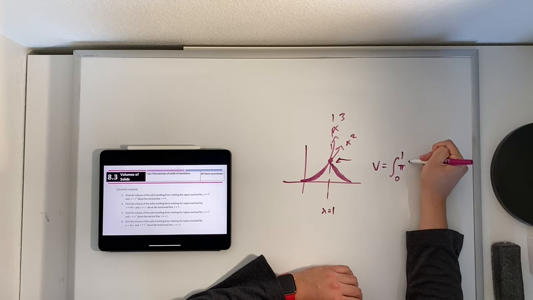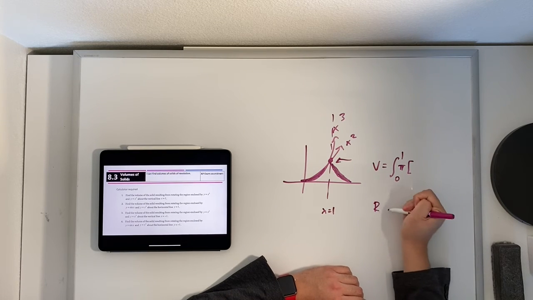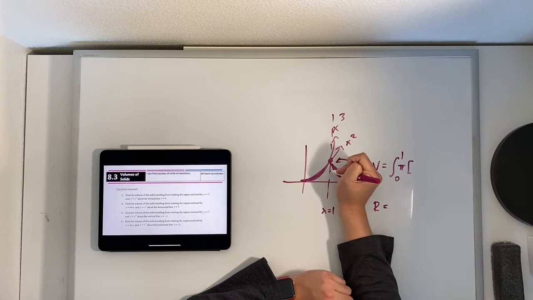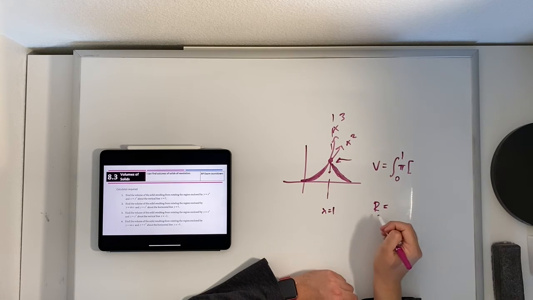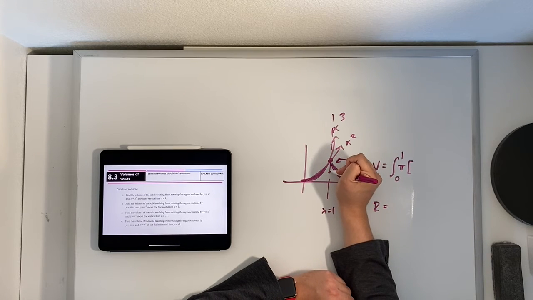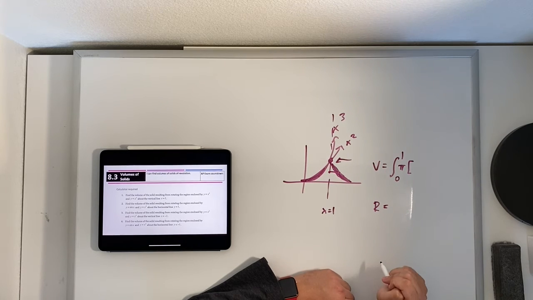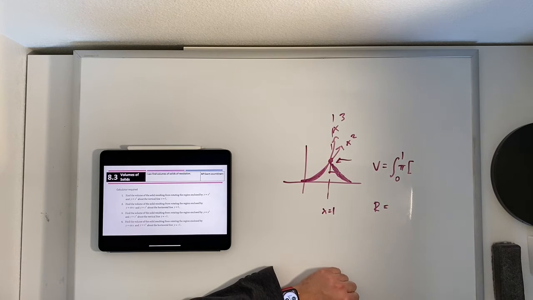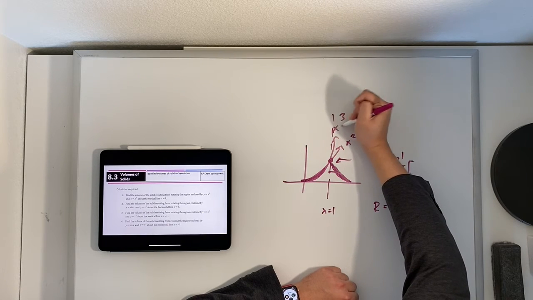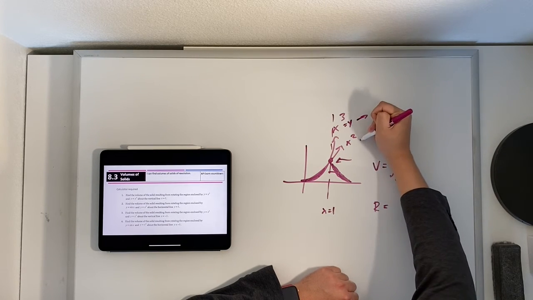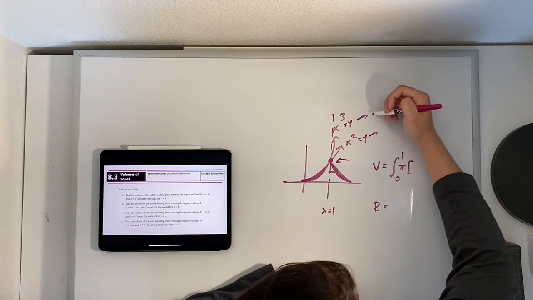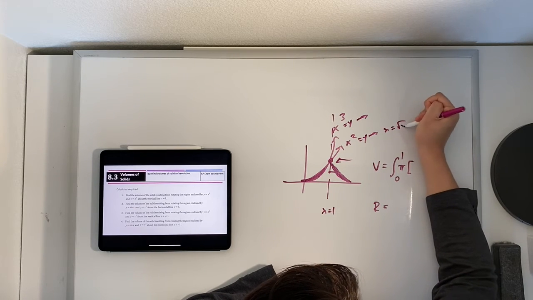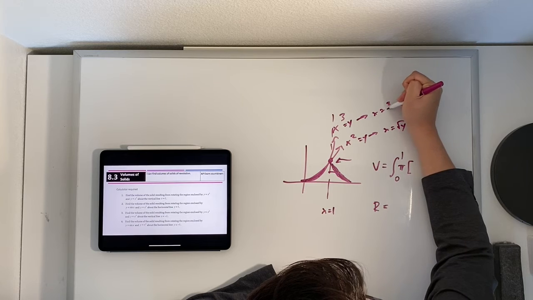Pi times, now we have big R squared. Now, if we're on the axis of revolution, big R is the function that's furthest away. The function that's furthest away here, and remember, we want these in terms of y. So let's solve these. x equals the square root of y, and x equals the cube root of y.